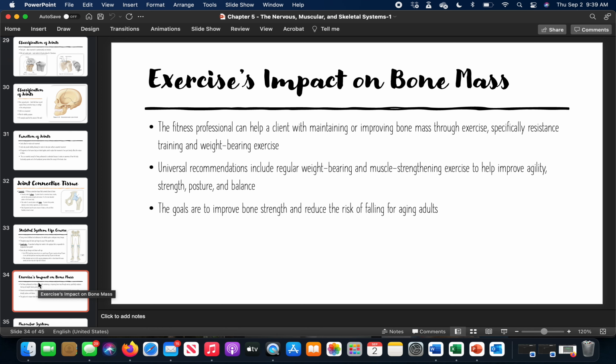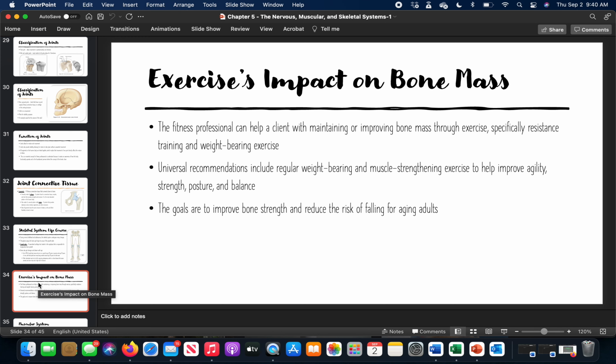So when we talk about this, we're basically looking at it from the standpoint that the more weight-bearing and resistance training we do, number one, it's going to affect our strength, but we're also going to help with agility, posture, and balance, which helps the bone in general, all right? But also as we age through the lifespan, if we can make someone more agile, we can keep their posture in a positive manner and create their balance better.